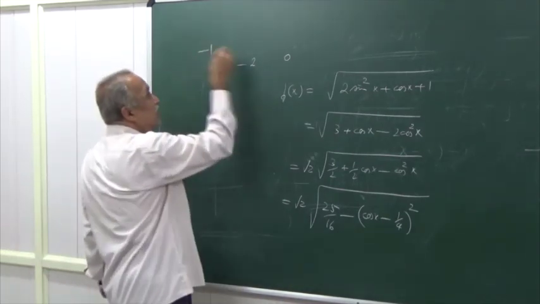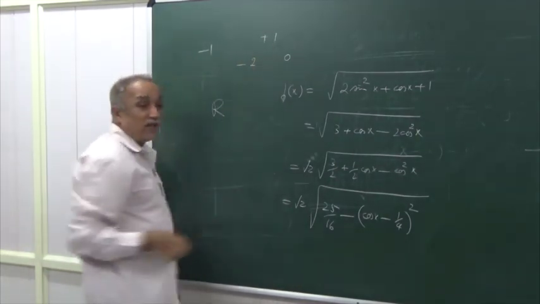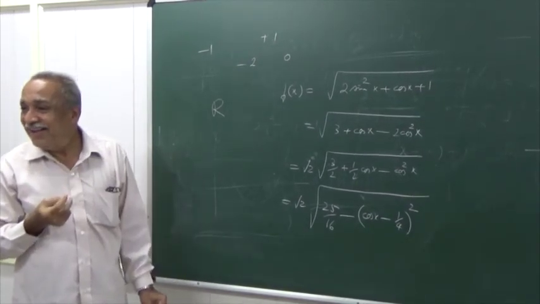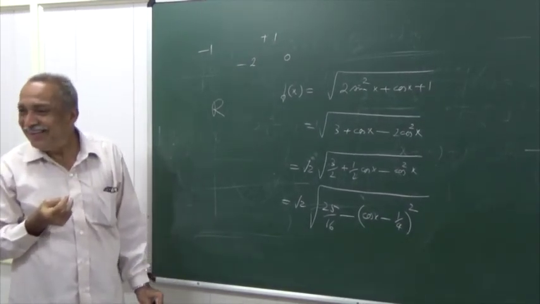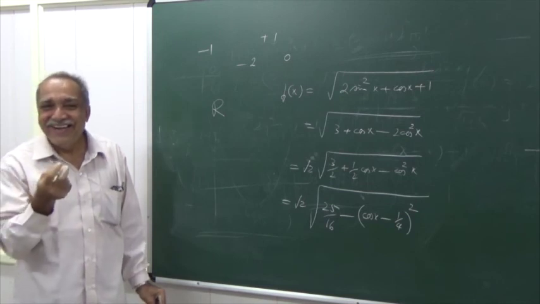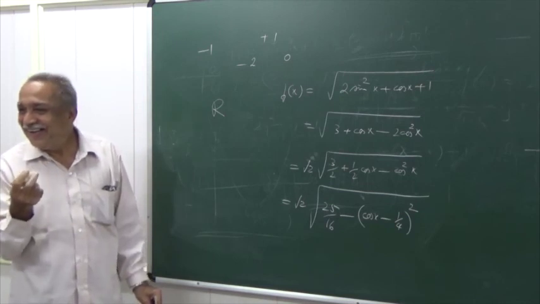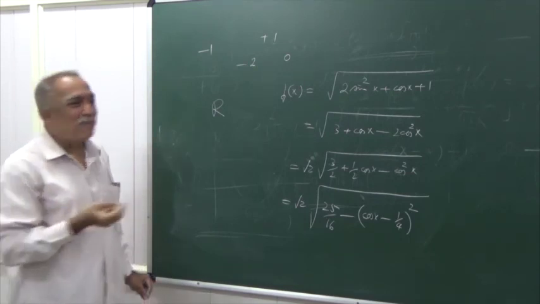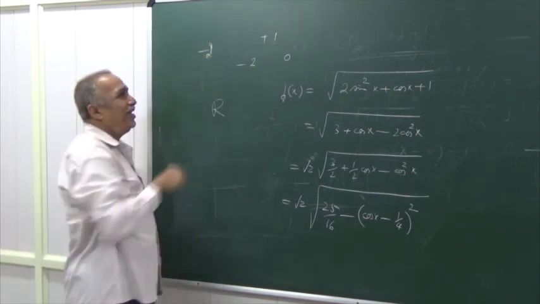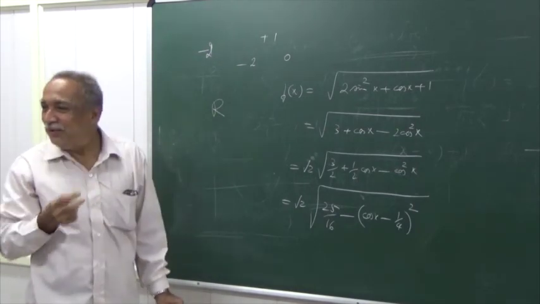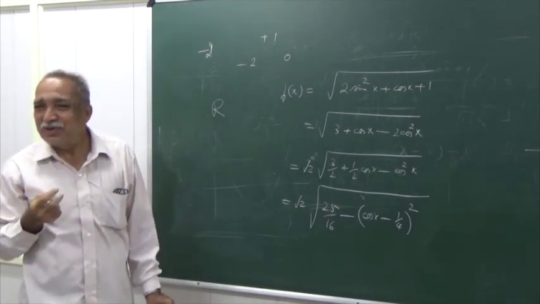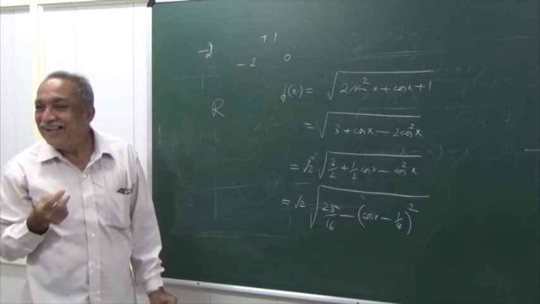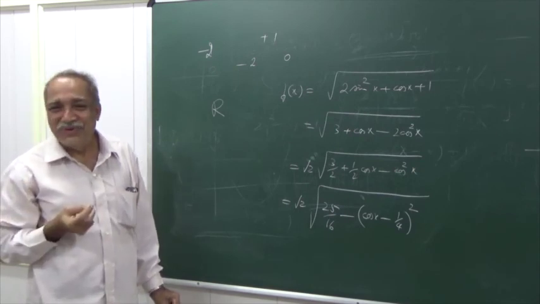A variable taking values between minus 1 and plus 1, the square will take values between 0 and 1. A variable taking values between minus 2 and 1, the square will take values between 0 and 4.